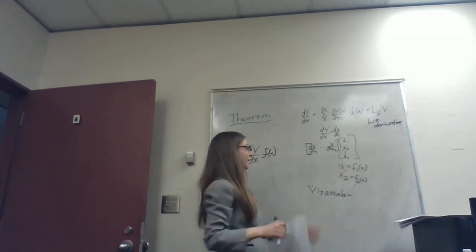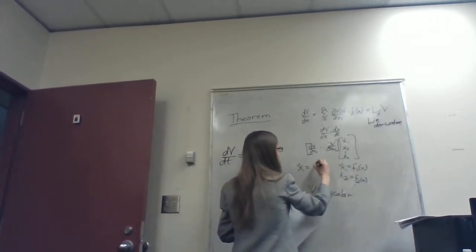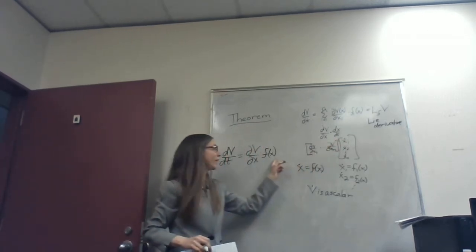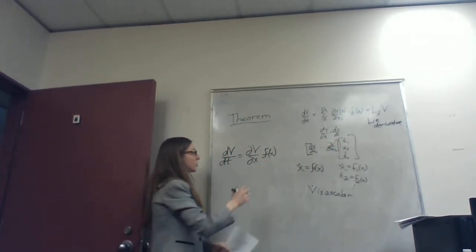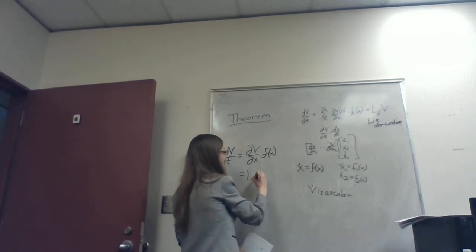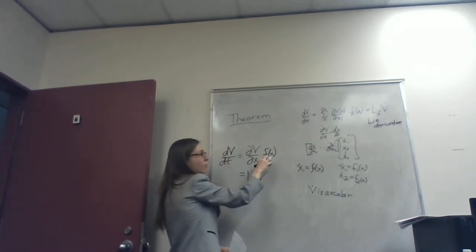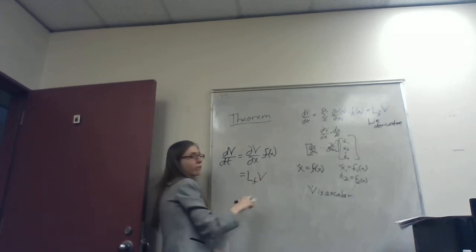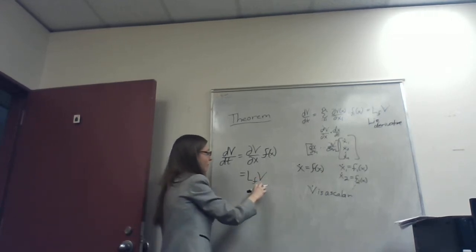So x dot is equal to f of x. If I substitute x dot with f of x, I have that. So people just use shorthand: LfV. They move the thing that's on this side here, and then they put v. That means the derivative of v with respect to x times that thing.